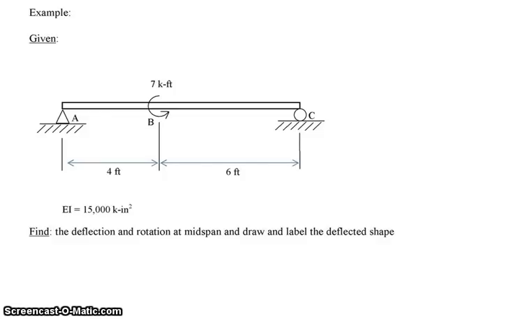So the first step for this problem would be to solve for the support reactions since they're not given. By inspection, since there's a 7 kip-foot point moment in the middle, no matter where that moment is along this beam, it has to be countered by a 7 kip-foot clockwise moment.